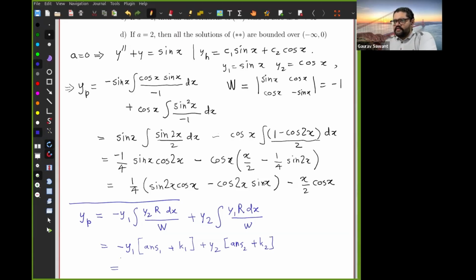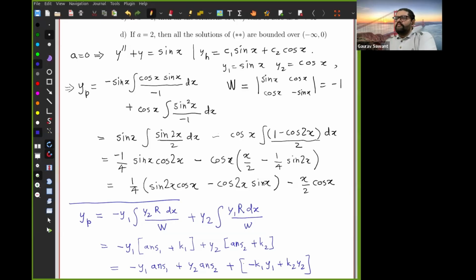If I open it up, I would get minus y1 first integration plus y2 second integration. This part is what essentially we did before in solving the question. And then you are left with this term, minus k1 y1 plus k2 y2.